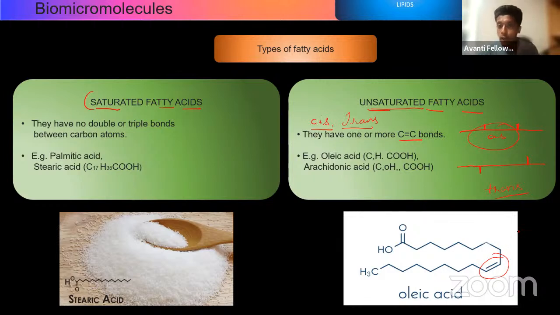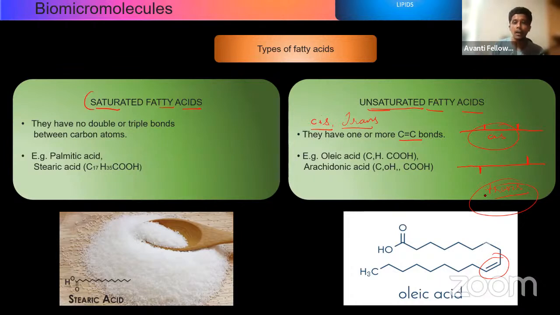Whereas trans unsaturated fatty acids are usually artificially made. For example, vanaspati ghee that you use in your home. For saturated fatty acids, they usually hydrogenate them, or pump hydrogen into the tanks.